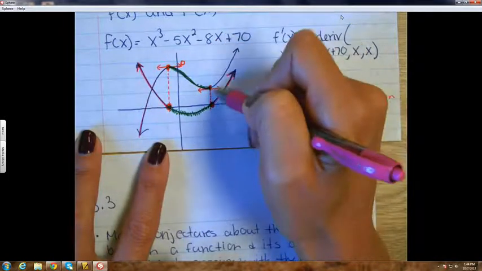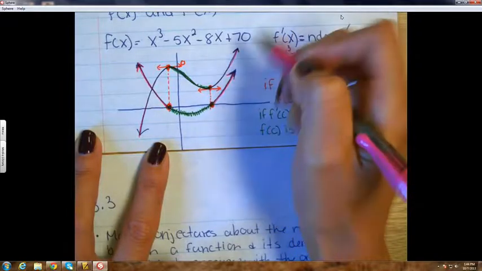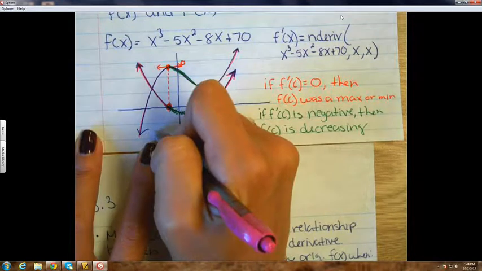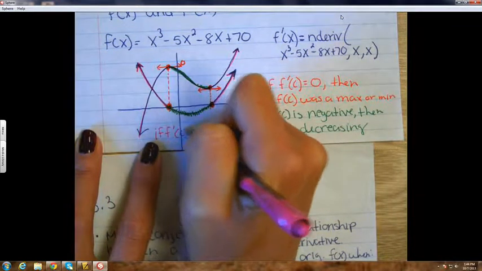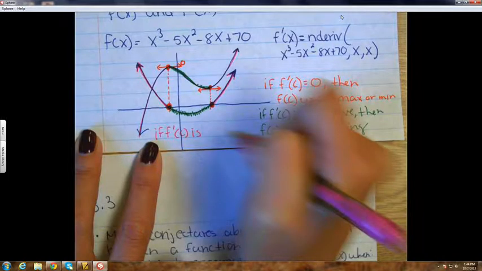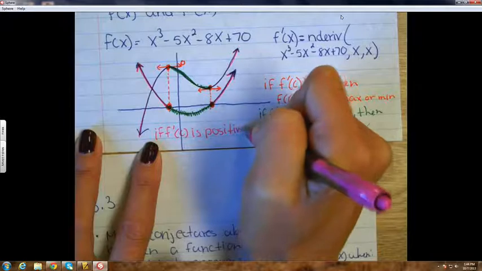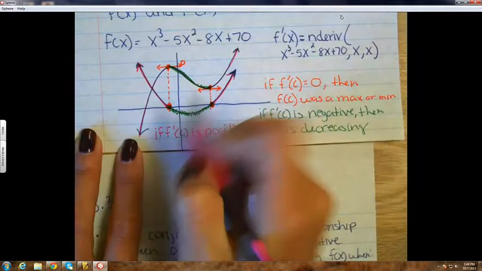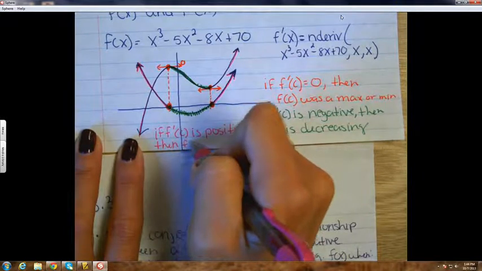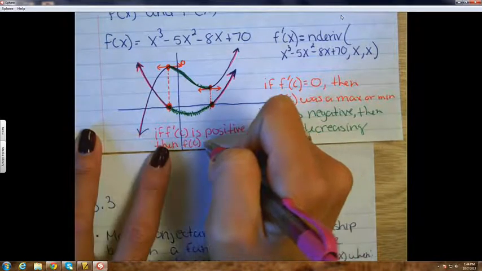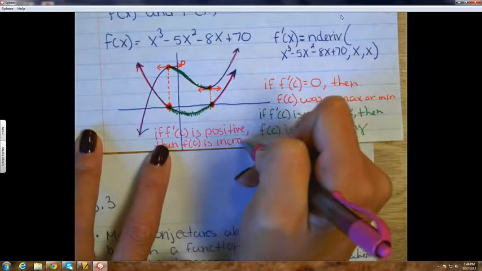Same thing here. After it hits its min, now I start increasing again. So the third big idea is if the derivative is positive, then the original function, f of c, is increasing through that point.